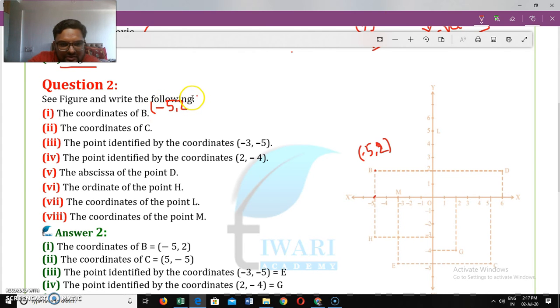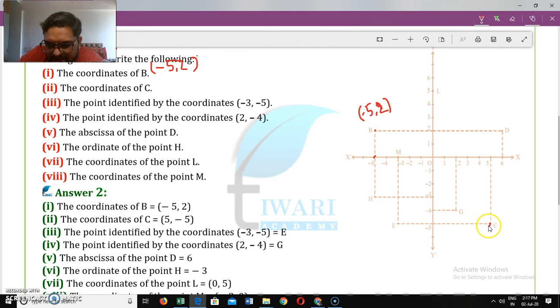Similarly, they have talked about the point C. So where is C? We have to find out where the point C is. This is H, G, D, B. Where is C?